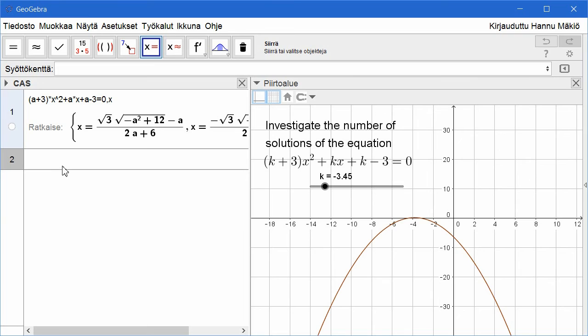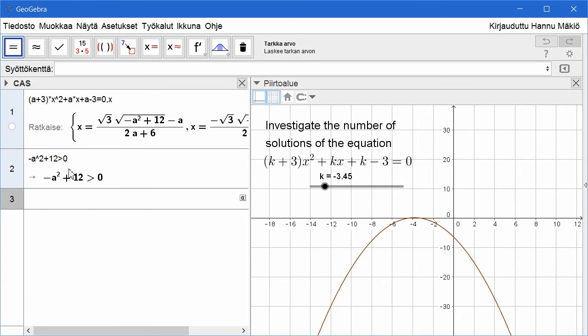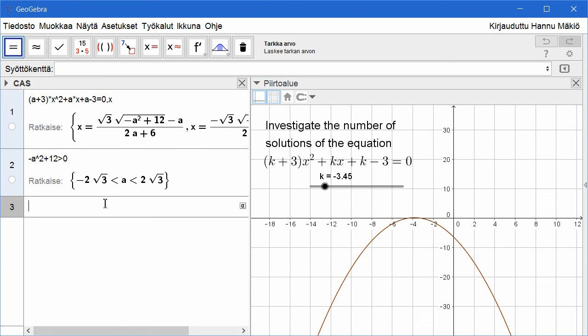So let's find out when there will be 2 solutions. Oh, I forgot to hit the solve button. For these values of a, there will be 2 solutions.